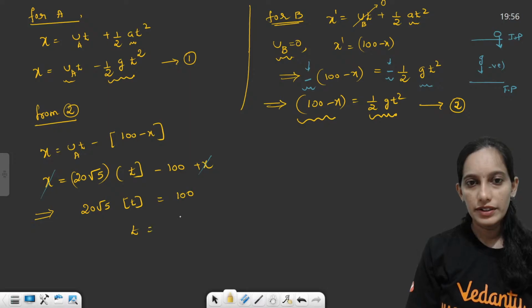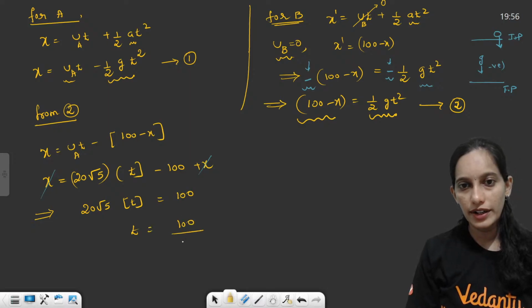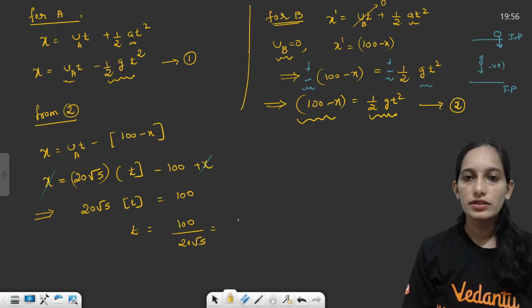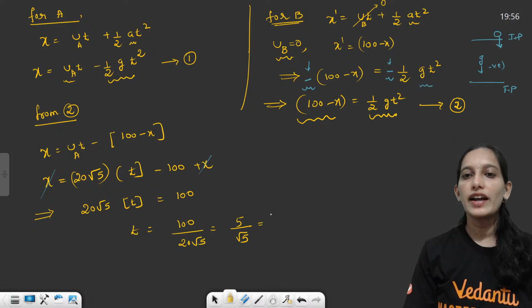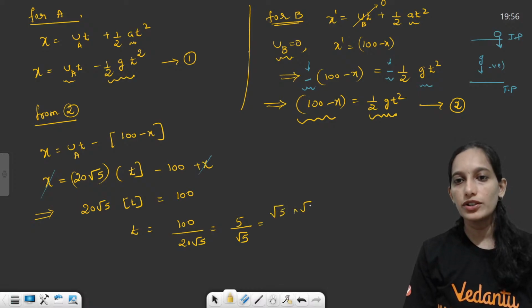Or t is equal to 100 by 20 root 5, or this is like 5 by root 5. Again, 5 can be written as root 5 into root 5, whole divided by root 5.